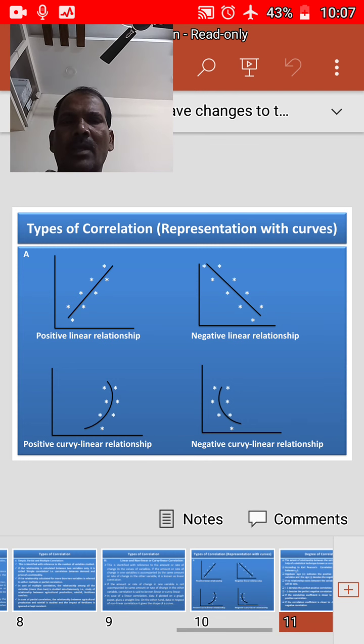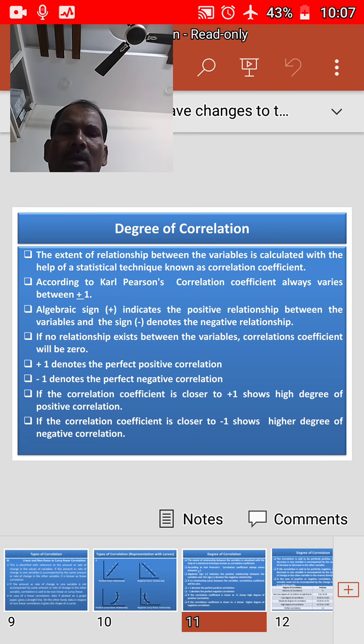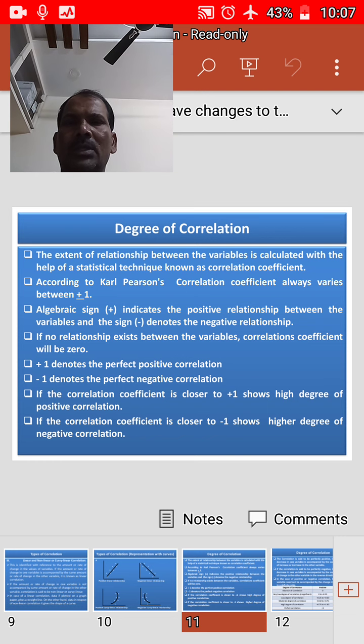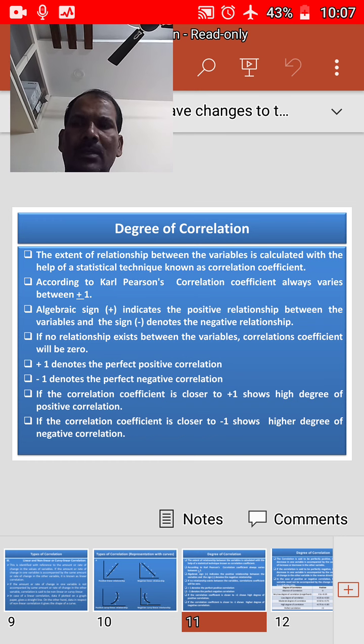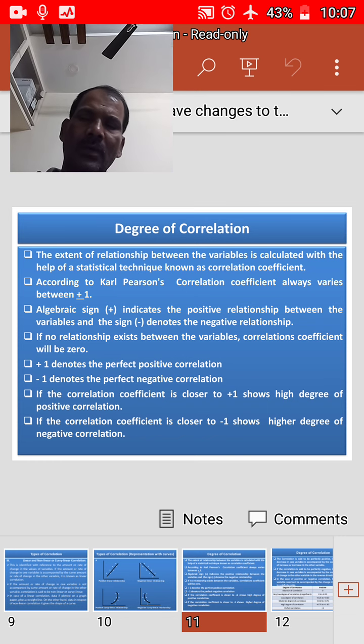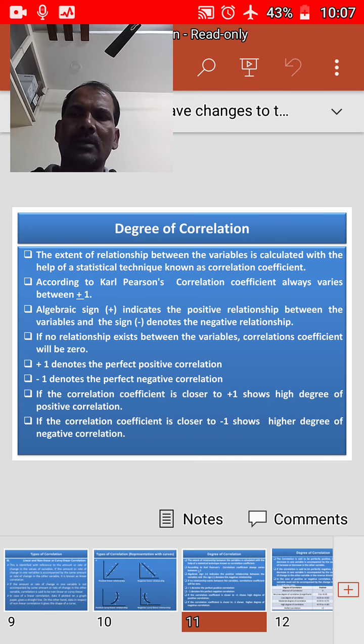And now the degree of correlation. The extent of relationship between the variables is calculated with the help of a statistical technique known as the correlation coefficient.